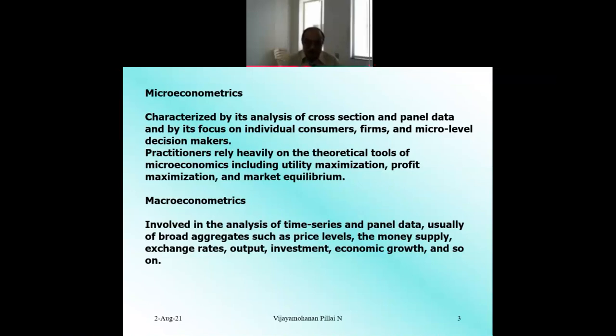We have a number of theoretical tools taken from microeconomics, including utility maximization, profit maximization, market equilibrium, and so on. These we also apply in financial economics, and hence financial econometrics has significance in microeconometrics also.